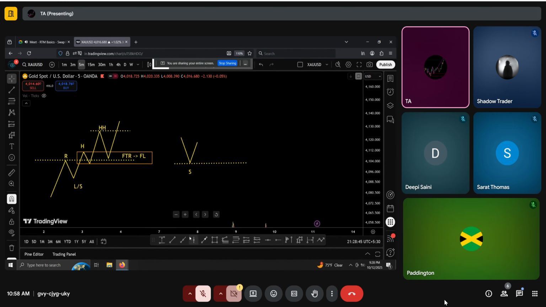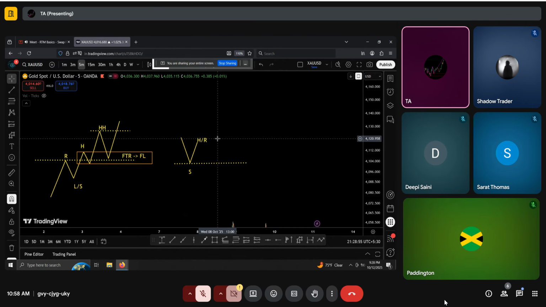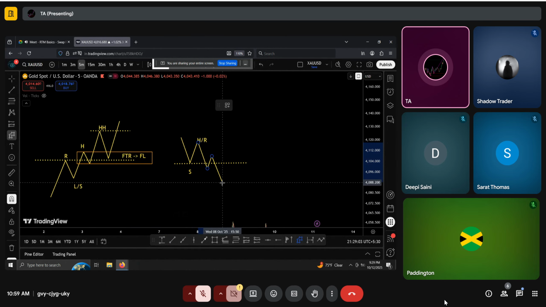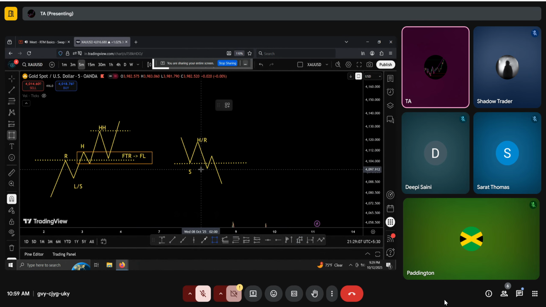Price goes up, creates a high, or we can say this resistance. Then price comes back again, crosses this support level, pulls back, and goes down again. Now FTR is formed. Call this FTR.